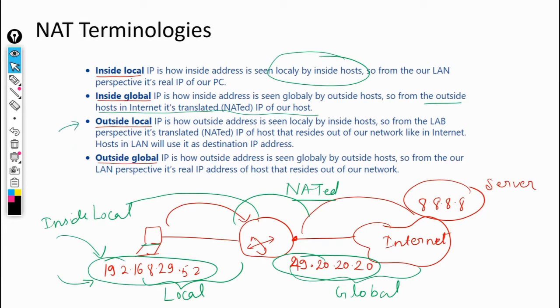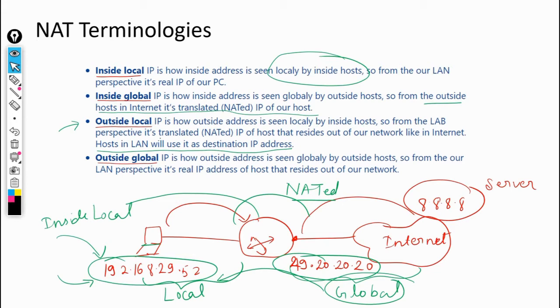If you talk about the outside global, this is our global, but we are talking about the outside global, right? Outside means hosts in the LAN will use it as a destination IP address. Got it, guys? If you do not understand it, just read it from the start: how the outside address is seen locally by inside hosts.